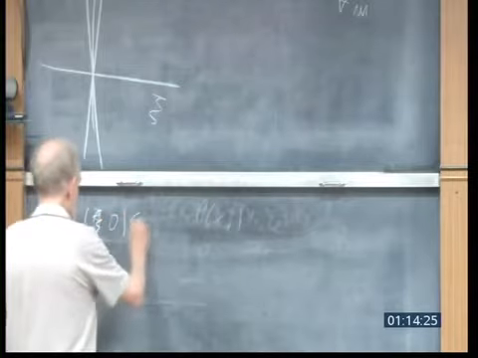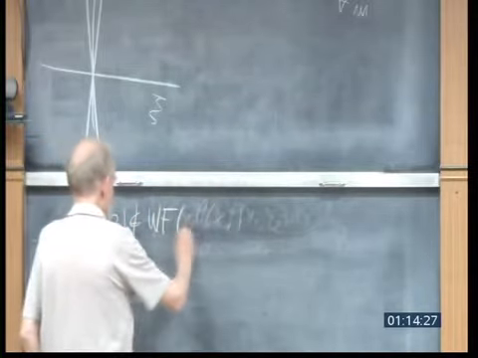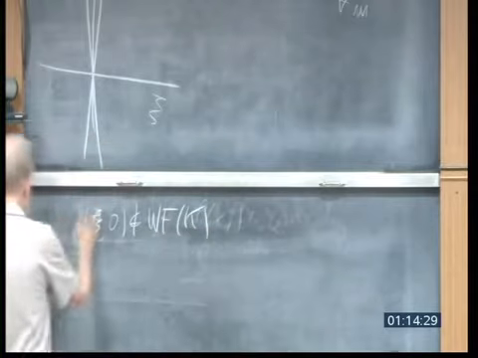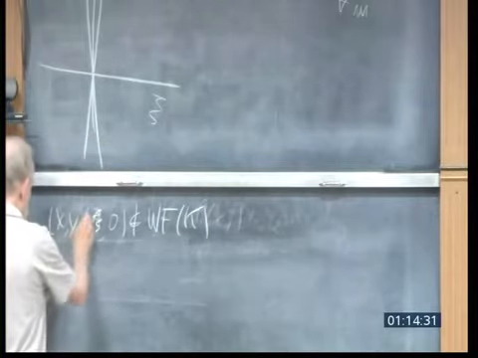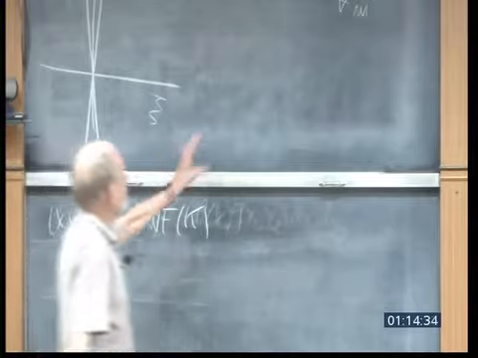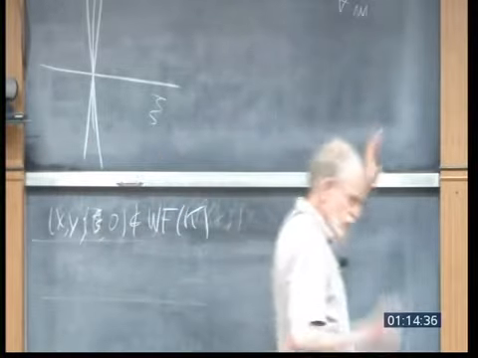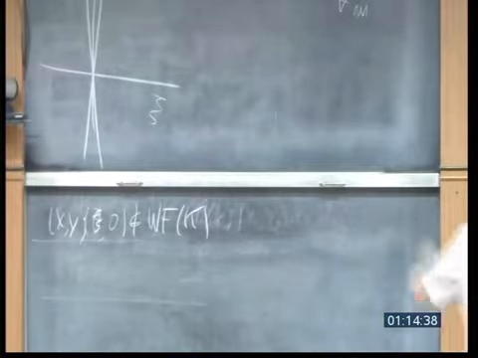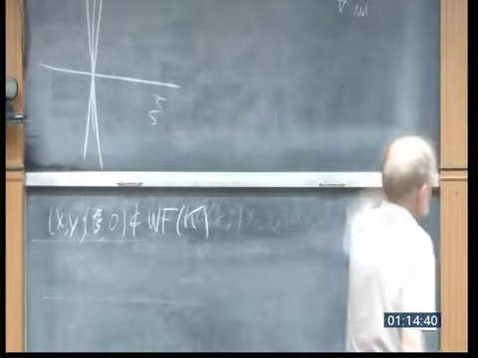Those are not in the wavefront set, I mean (x, y). So directions with eta 0 are not in the wavefront set by assumption. So, and this is a neighborhood of those.